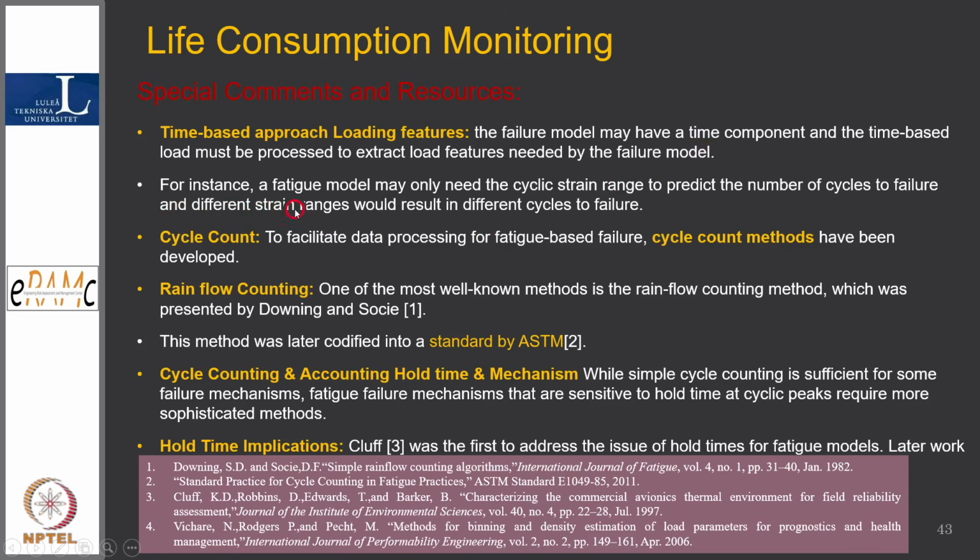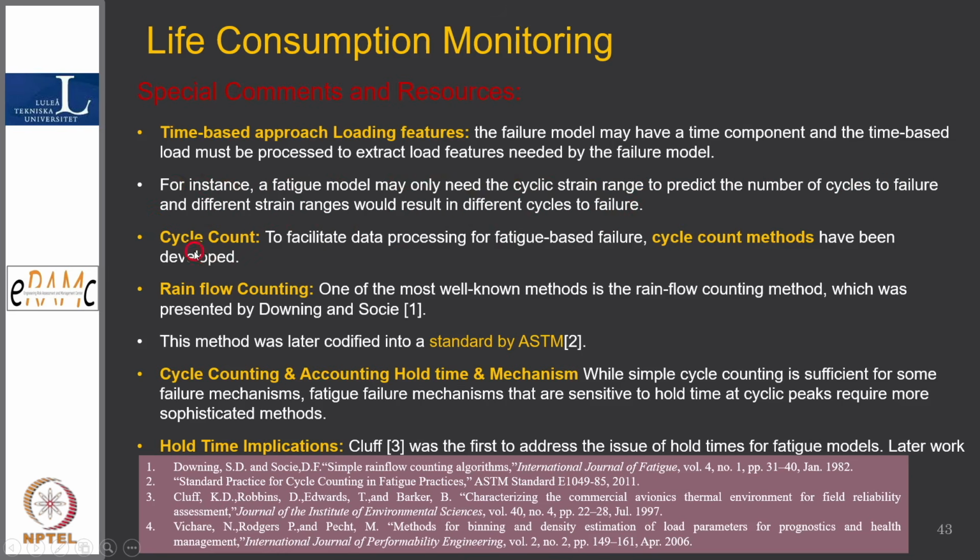An example: a fatigue model may only need the cycle strain range to predict the number of cycles to failure, and different strain ranges lead to different cycles to failure. So here we are limiting ourselves to the frequency domain.